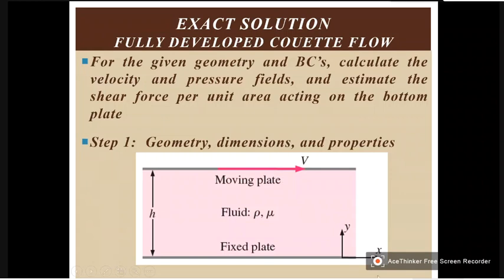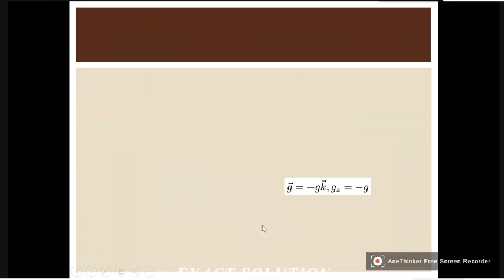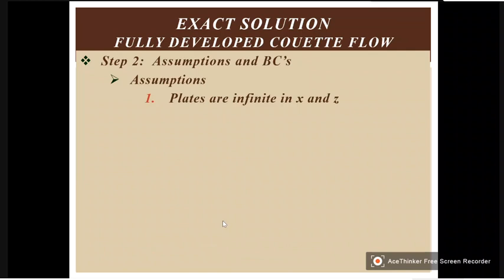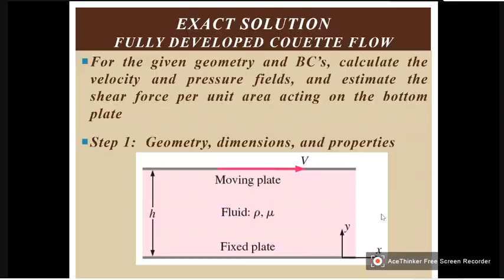These are the dimensions and properties. Now, second step is identify the assumptions and boundary conditions. What are the assumptions? Plates are infinite in x and z direction. So it is a long plate, as I indicated in this figure.